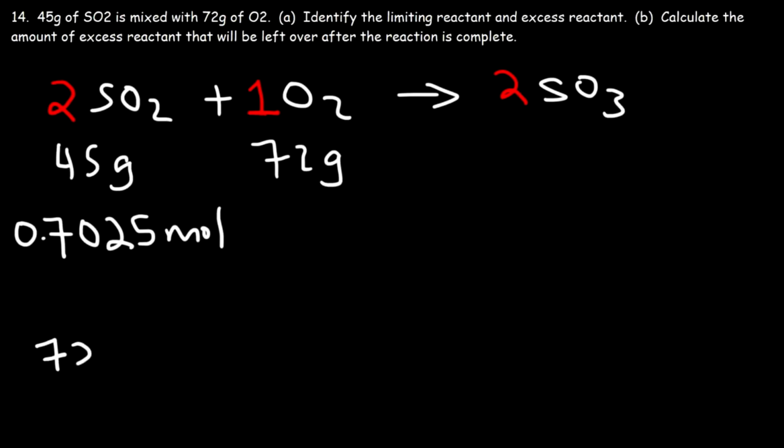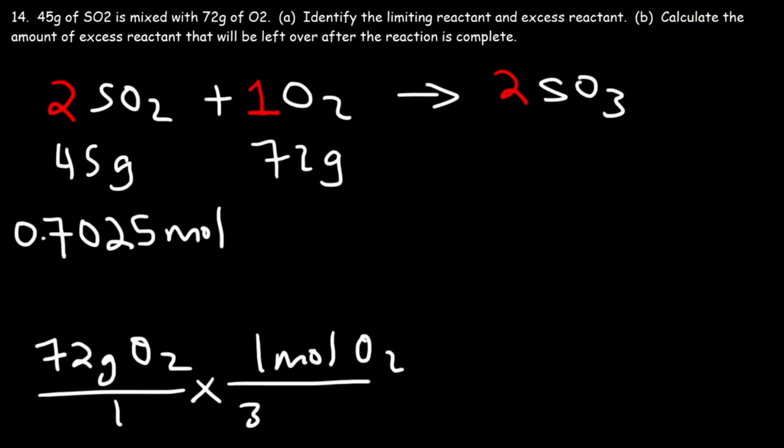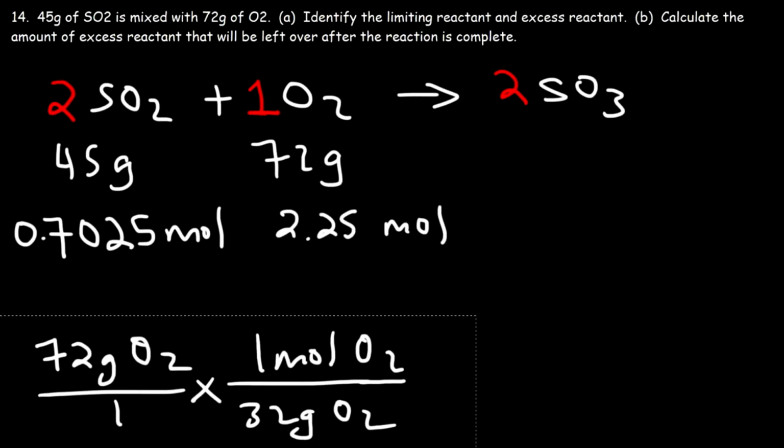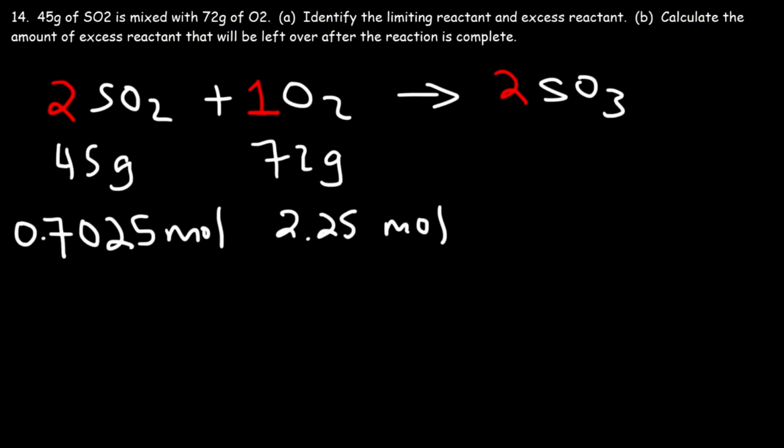Now let's take the 72 grams of O2 and convert it to moles. The molar mass is 32. 72 divided by 32, that's going to give us 2.25 moles of O2. Now to identify the limiting reactant, we need to calculate the mole per coefficient ratio for each reactant.